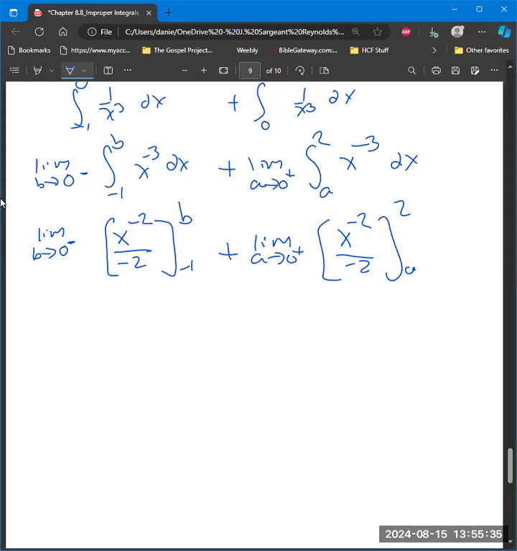And we have limit as b approaches 0 from the left of -1 over 2b squared plus 1 over 2 times -1 squared, like that.